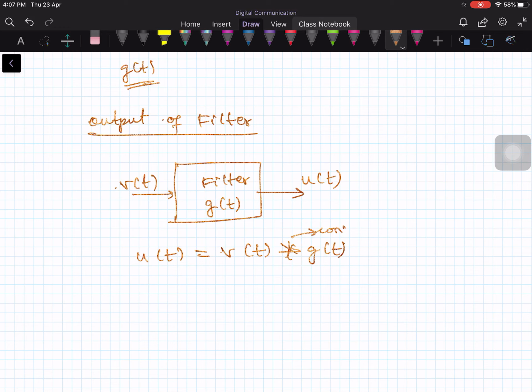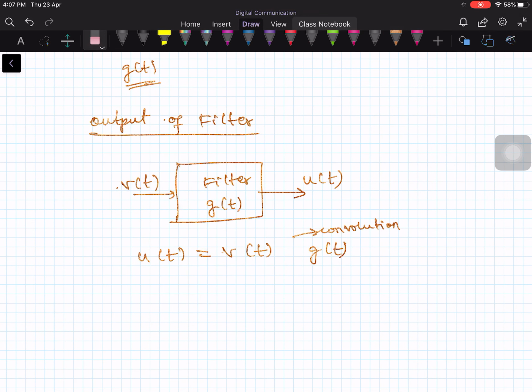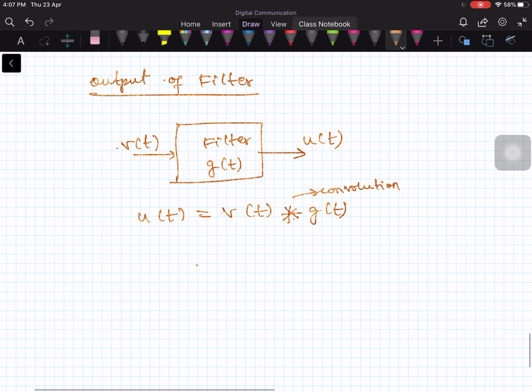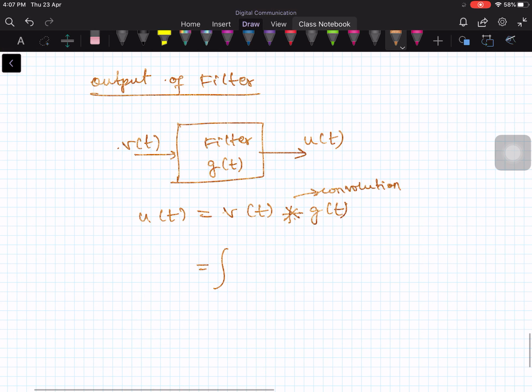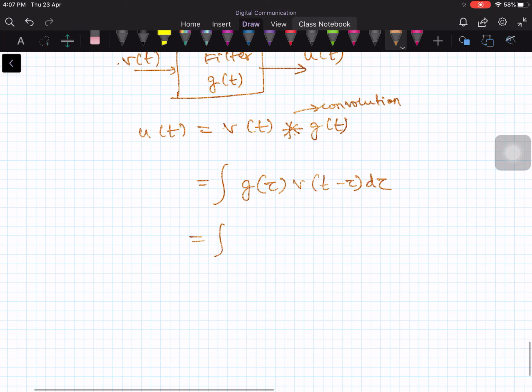This is a convolution operation, written as the convolution integral: g of tau times v of t minus tau d tau, and we know v of t equals a times s of t minus tau plus n of t minus tau, d tau.